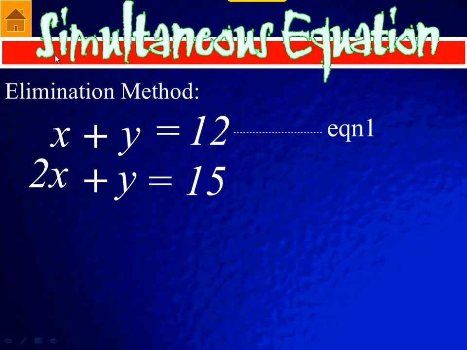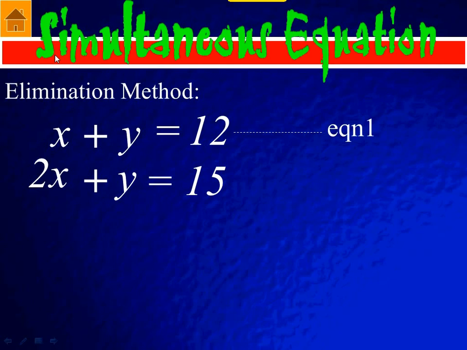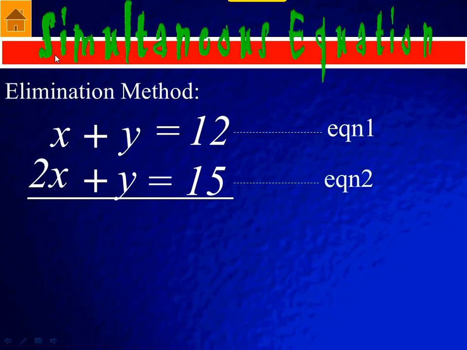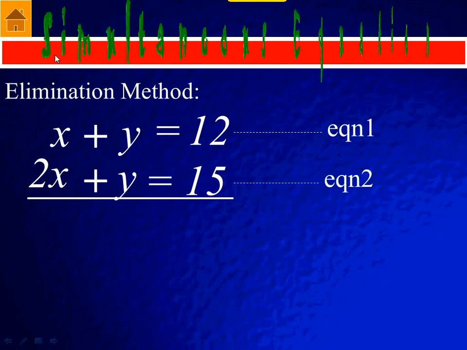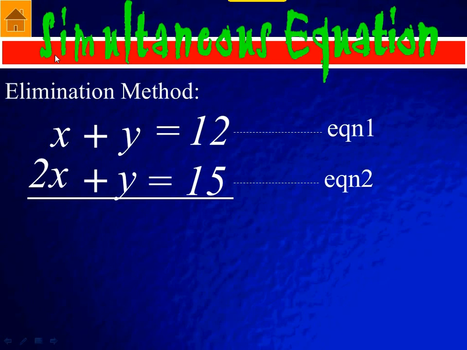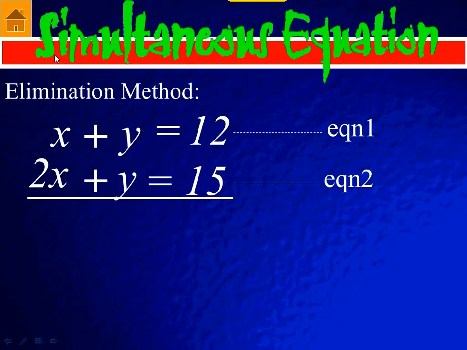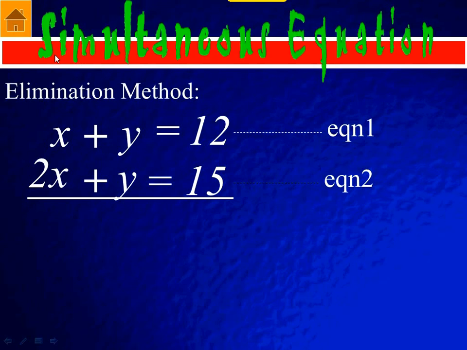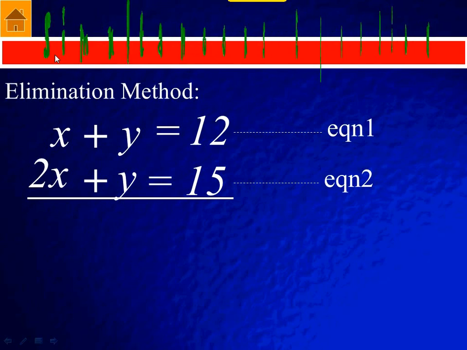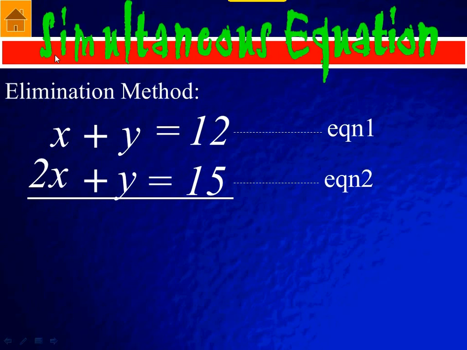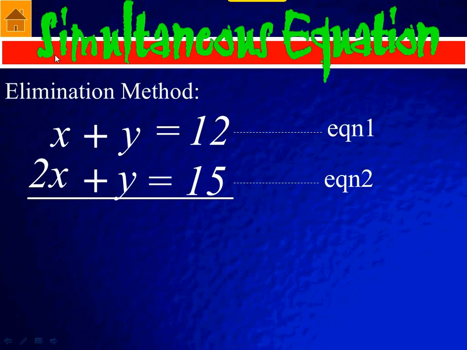Alright, so the first step is to identify equation 1 and equation 2. The letter that has the same size number in both equations is the one we want to eliminate, because that means it has the same coefficient.